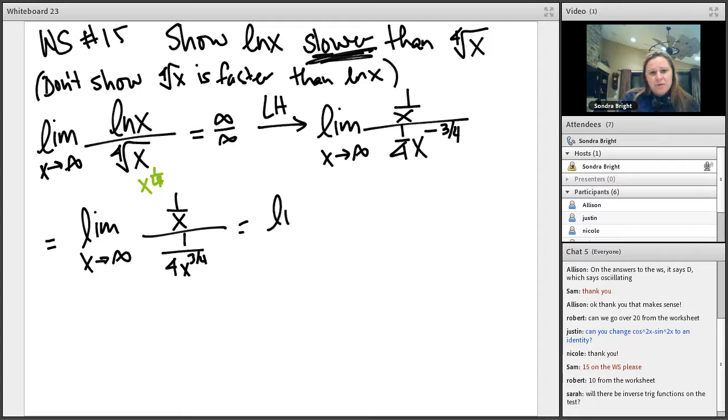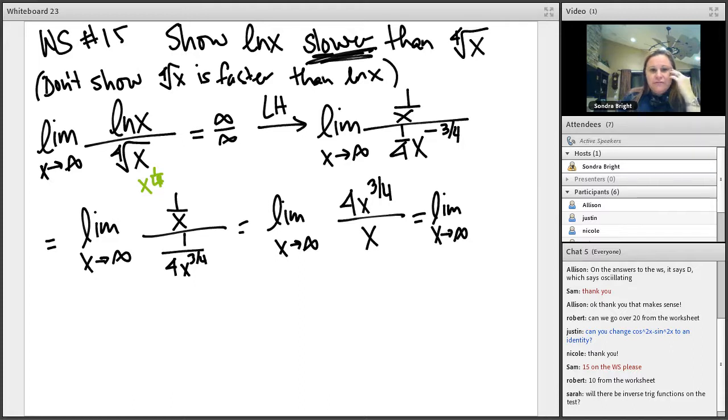So this is equivalent to the limit as x goes to infinity, multiplying by the reciprocal, of 4x to the 3/4 over x. Those are the same base, so you end up with the limit as x goes to infinity of a 4 on top and an x to the 1/4 on the bottom.